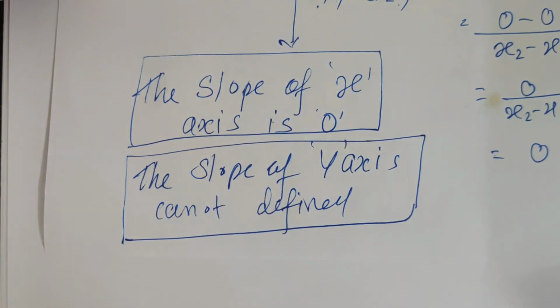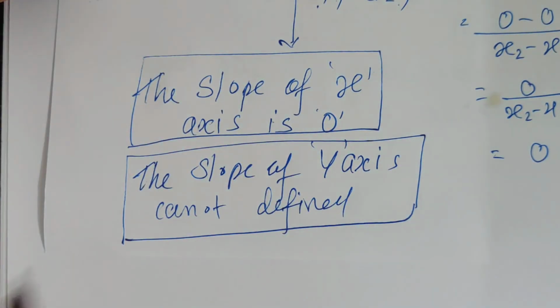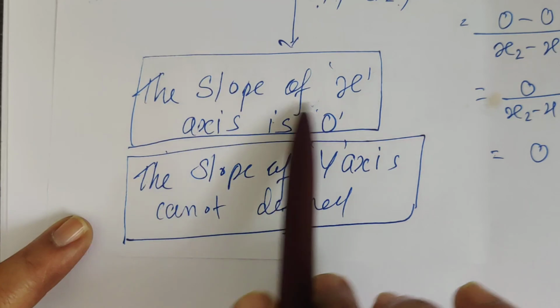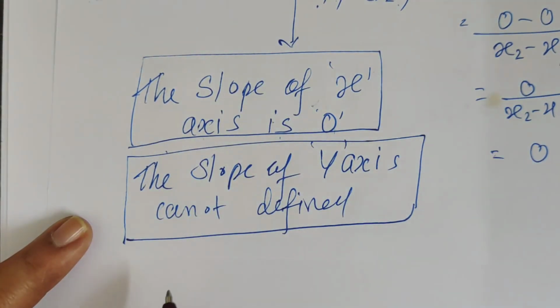It is a horizontal line, not a slant line. It is just lying down like this. That's why it does not have slope, because it is sleeping. It is not in vertical position, it is not in slant position, it is in horizontal position. And so the slope of x-axis is 0. I showed you even the calculation.